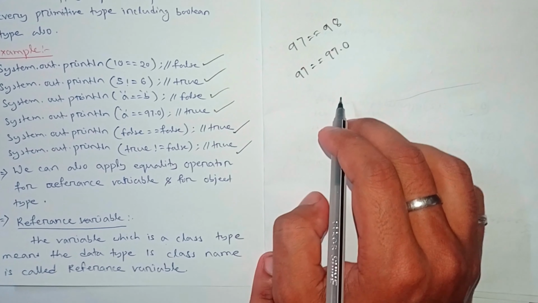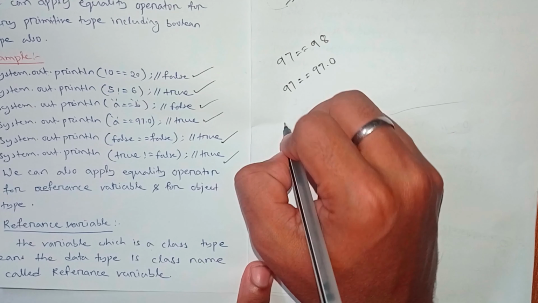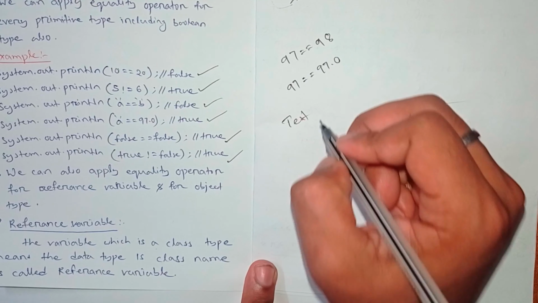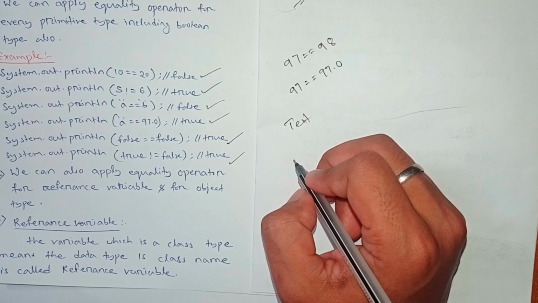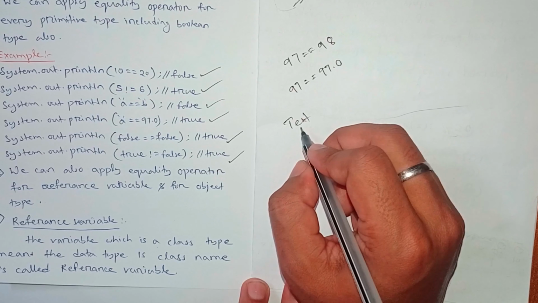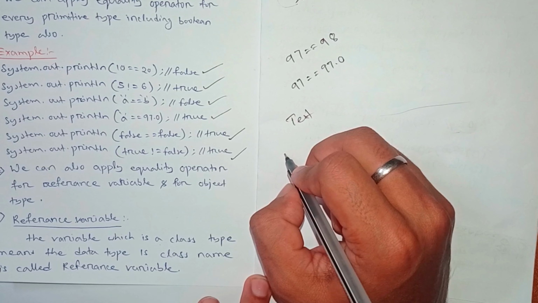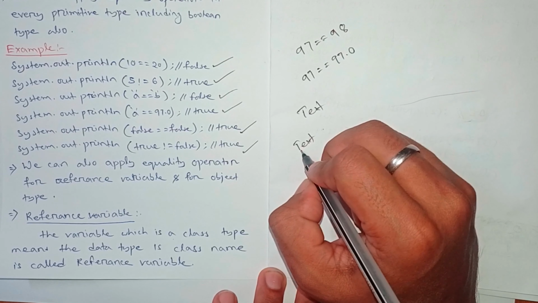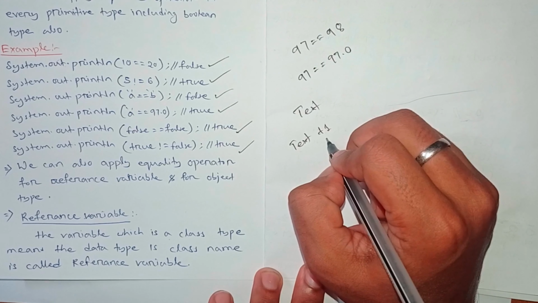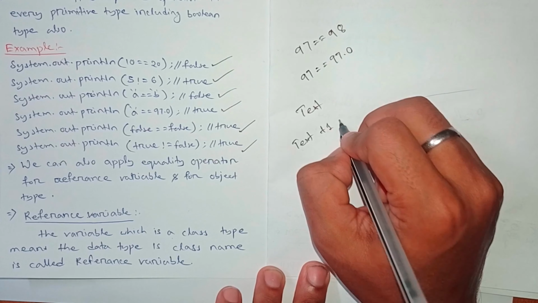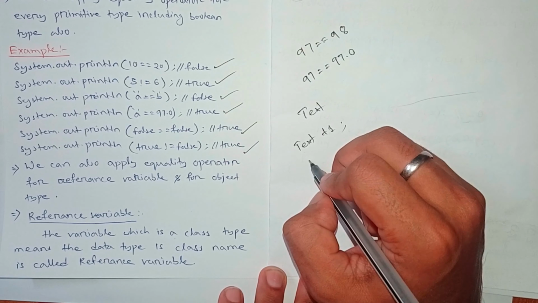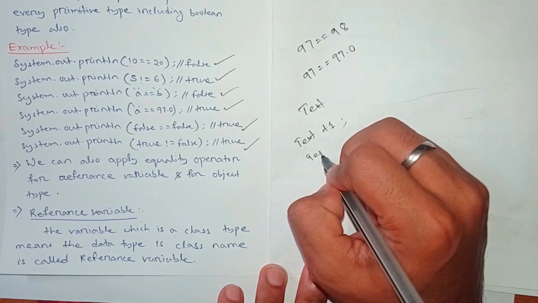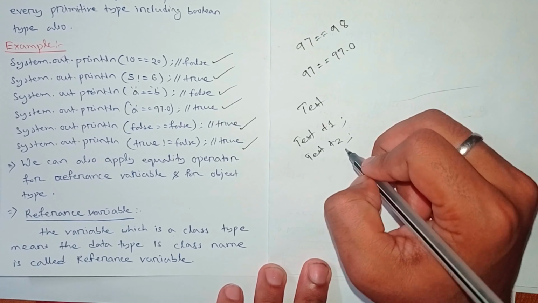Let there be a class Test. If we want to create a reference variable of this class, we write Test, which is the class name, and t1, which is the reference variable name. Another reference variable is Test t2, which is also a reference variable.